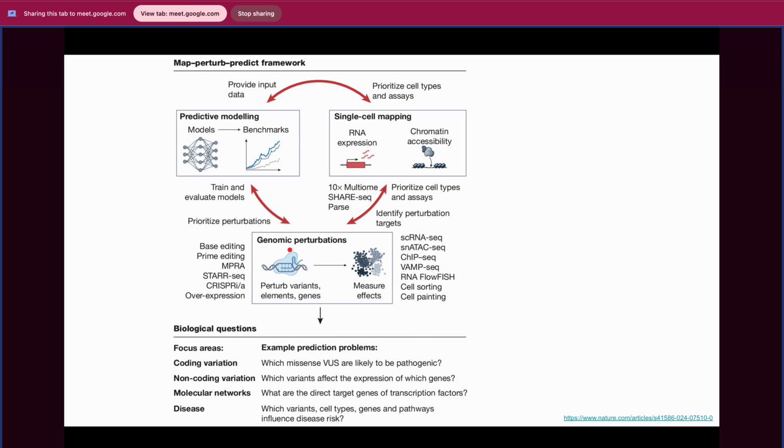And the kinds of perturbations they have done are base editing, where they change some nucleotide bases, or prime editing, or MPRA, STARR-seq, CRISPR. I means interference, or A means activation. So they can either inhibit some gene, or they can activate some gene, or overexpress some gene.